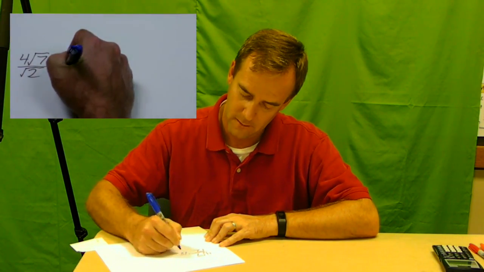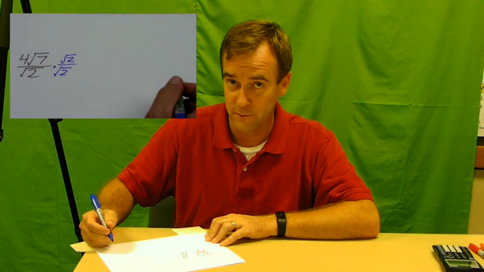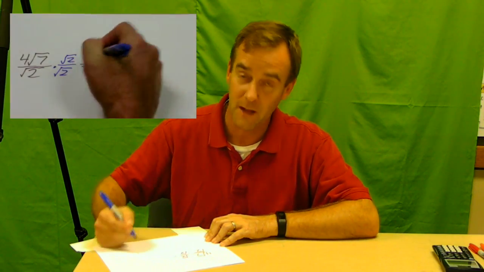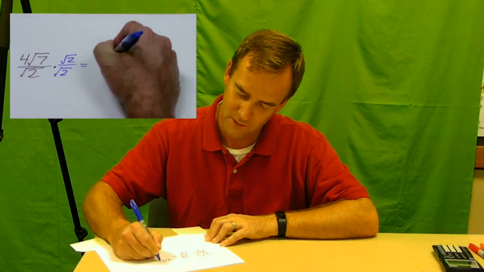Finally, here's a fraction with a radical in the denominator. That'll never do. So let's kill it. I'm going to rationalize the denominator by multiplying this times the square root of 2 over the square root of 2. I use the one on the bottom because that's what I want to kill. Multiply straight across. 4 times the square root of 7 times the square root of 2 makes 4 times the square root of 14.